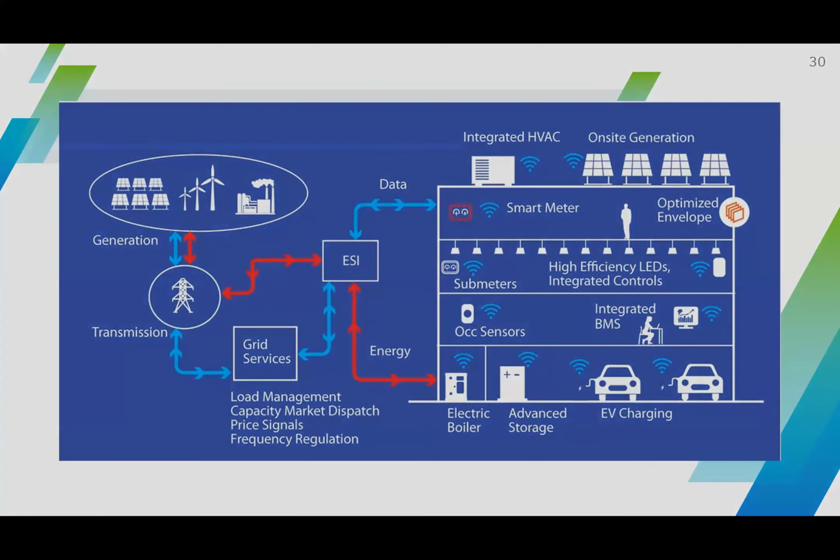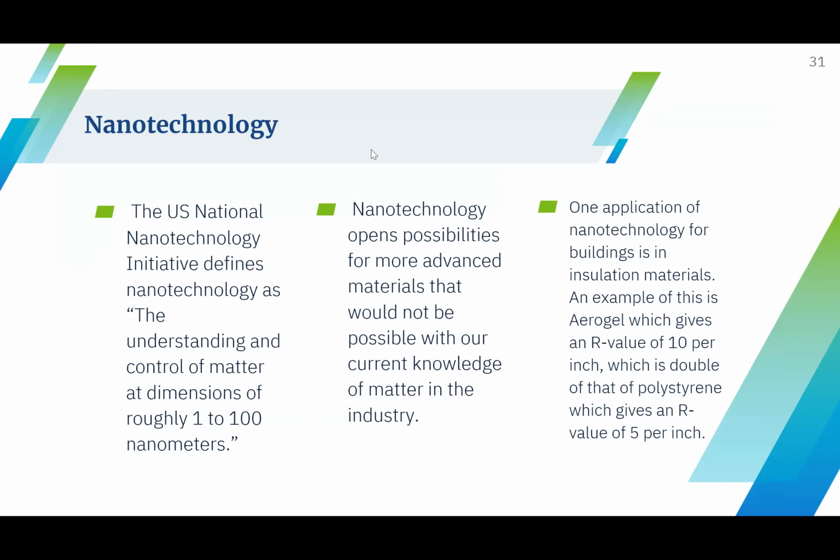Okay, so now we'll talk about the different technologies used in smart buildings. First, there is nanotechnology. The U.S. National Nanotechnology Initiative defines nanotechnology as the understanding and control of matter at dimensions of roughly 1 to 100 nanometers.